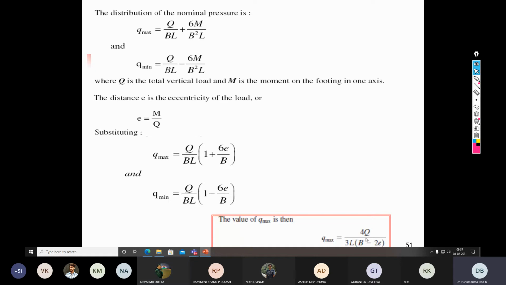This is a simplification. Forget about this equation. Sir, if I put B equal to B minus 2e in Qmax, then it is not coming. Yeah, it will not come. That is true. That's why I said forget about this equation. This equation is only meant to say how to replace B with B dash and keep L.